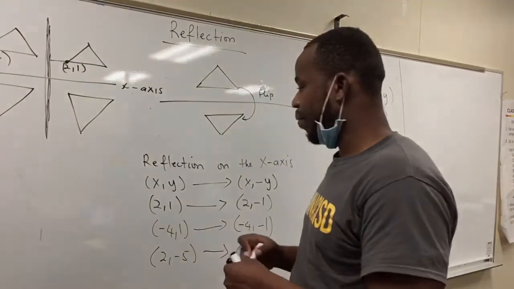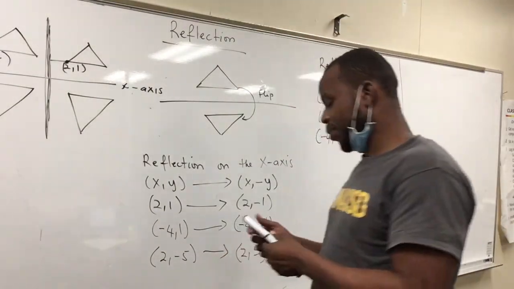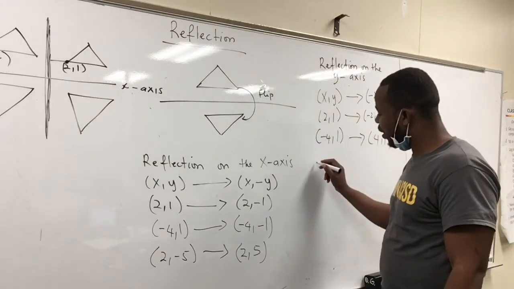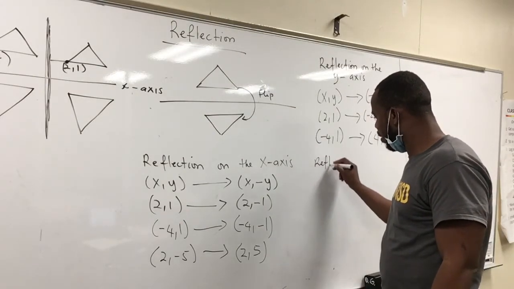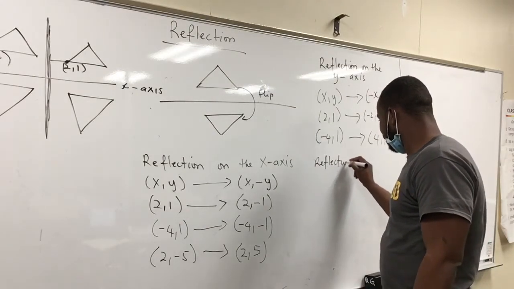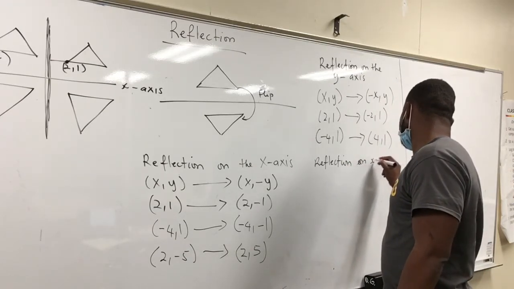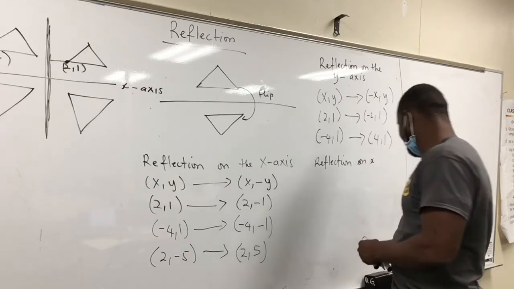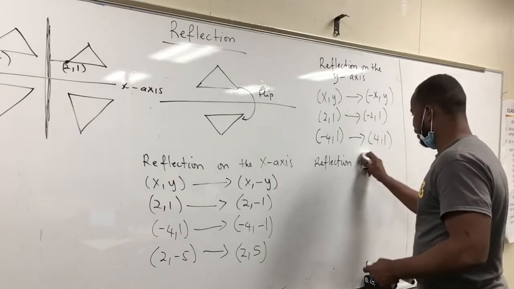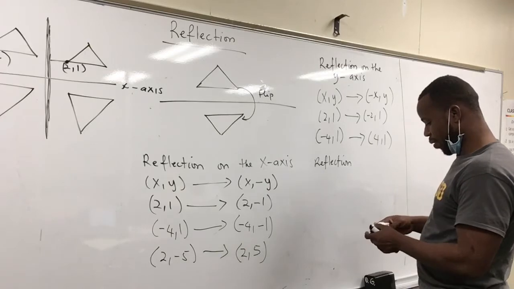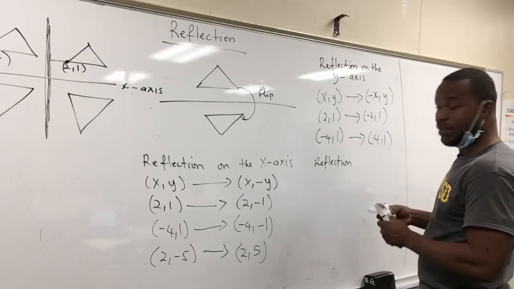Okay? Now, another form of reflection I want to talk about is reflection when x is equal to y. Reflection on x, in fact y equal to x. Okay, let me clean this clearly. Yeah, I think the video still works.